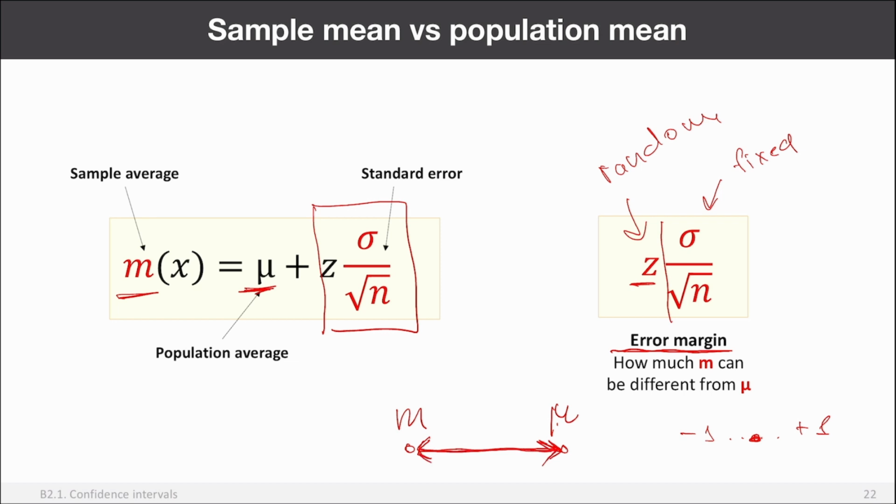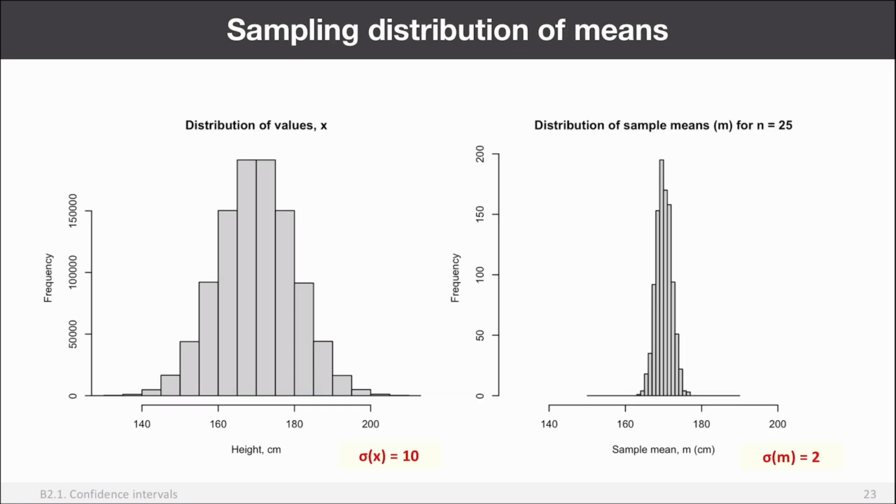Okay. So let me show you a couple of examples. In this case, again, I have single values, and I have sample means. What does it mean? You can see n is equal to 25. I took, let's say, 25 apples from the big garden, for example, and then I compute the average of these 25 apples.